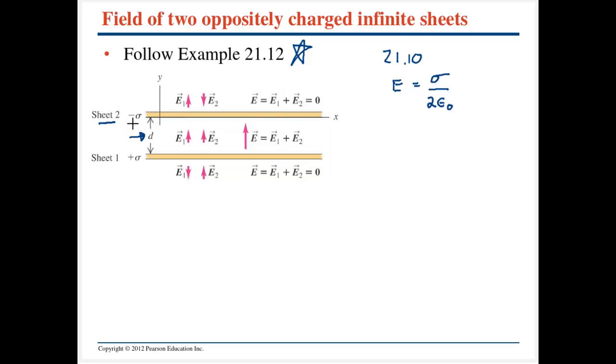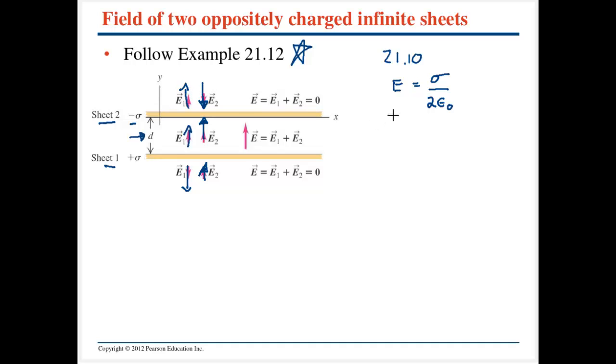This sheet has some negative charge density associated with it, so I know that the electric field is always going to point towards it. So I can write the electric field 2 is always pointing towards it right there. Sheet 1 has a positive charge density, so the electric field is always going to point away from sheet 1.